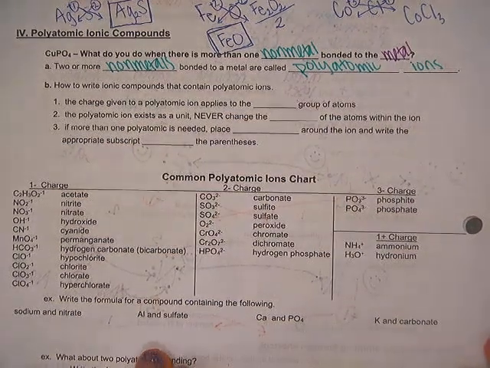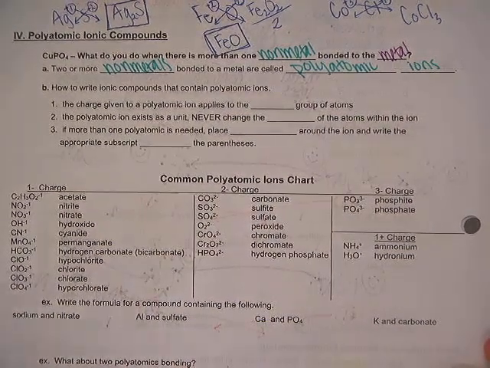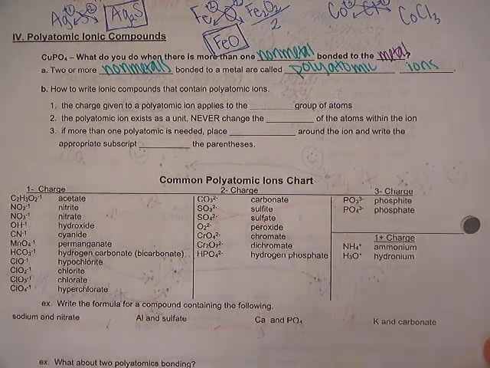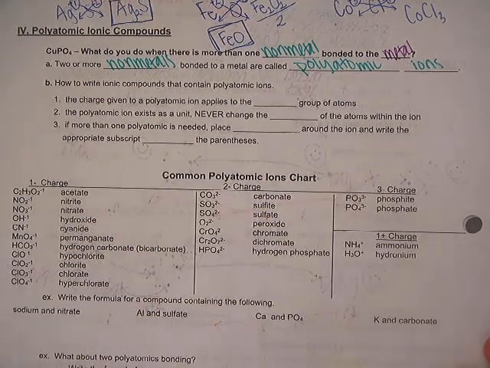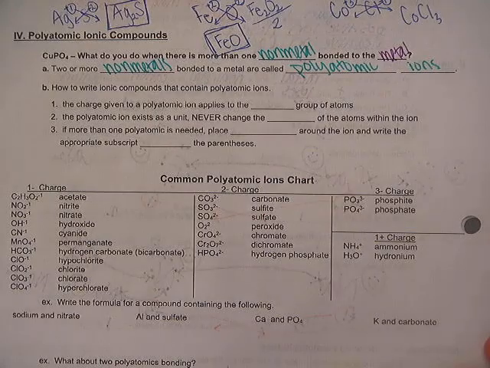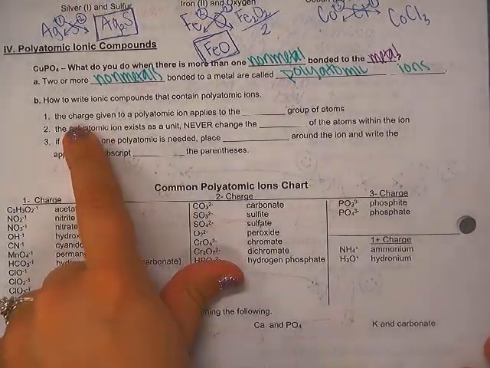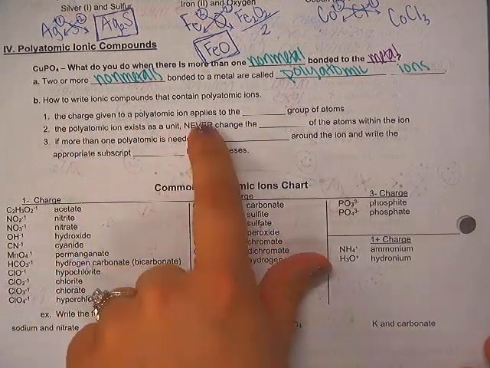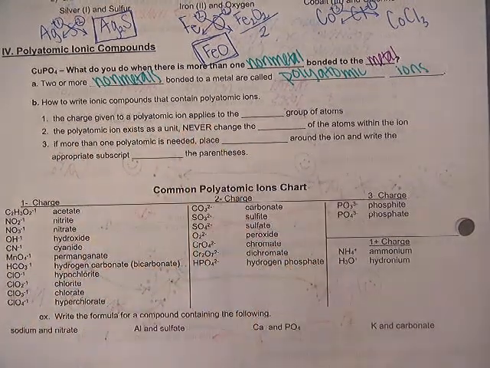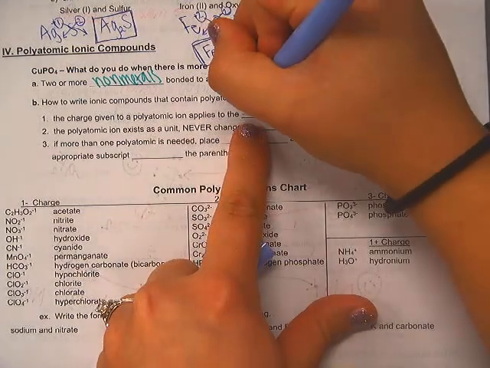And when we write compounds that contain polyatomic ions, we do the same thing that we've been doing this whole time, which is crisscrossing their oxidation numbers to tell you how many of the other ion you need. So you're going to use the charge given to a polyatomic ion, which applies to the entire group of atoms.